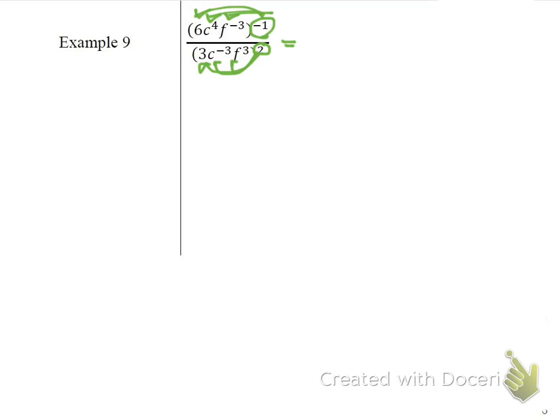Okay, guys, we have 6 first, and we are distributing that negative 1 to the base of 6. So you're not multiplying 6 times negative 1. I wanted this to be very clear. This is 6 to the power of negative 1.